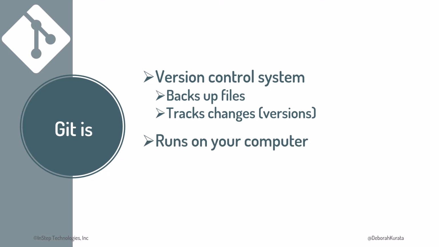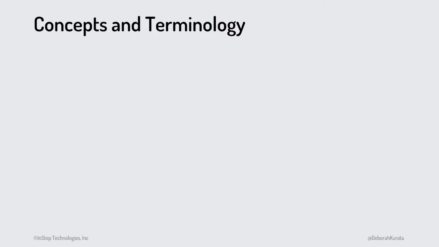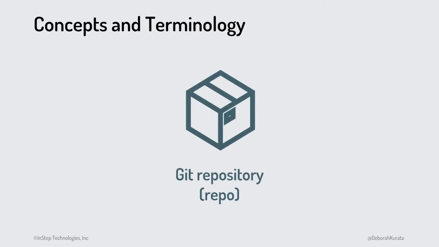Git runs locally on your computer and is available on any platform. You can download, install, and use Git without any cost or fees. As with most technologies, Git has its own set of concepts and terminology. A repository, or repo for short, is a storage box of sorts that stores the versions of our project files.